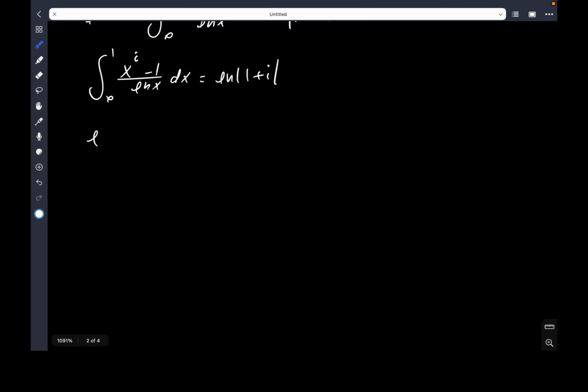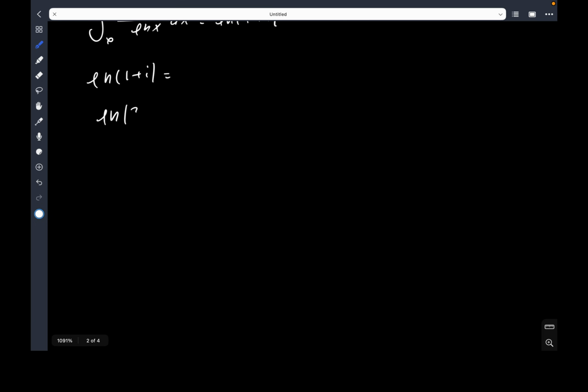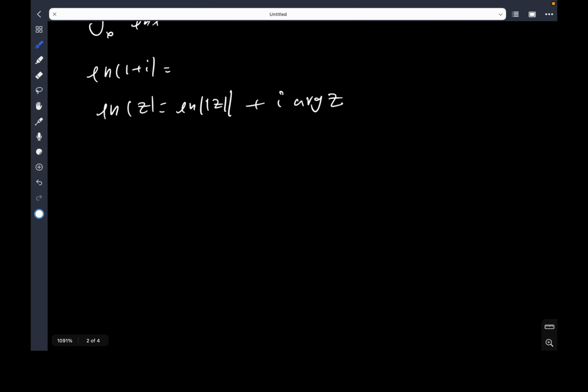But how do we calculate ln of i plus 1? Well, ln of any complex number is given by the formula ln of the absolute value of that number plus i times the arg of that number, which we're going to see what it is.